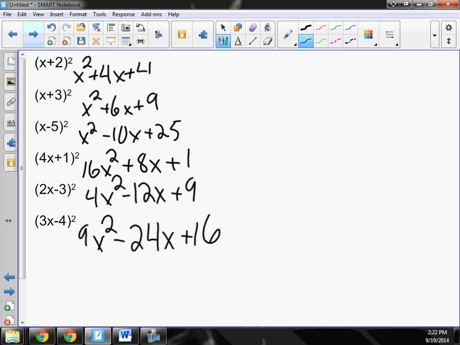Okay, so before we go on to the cubes, we're going to just do the squares.